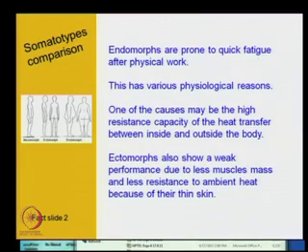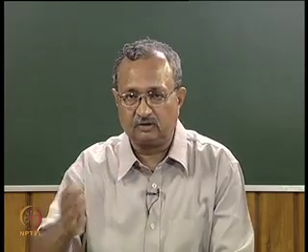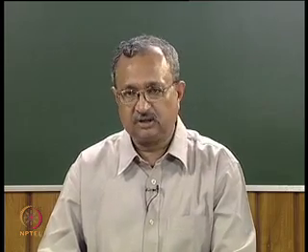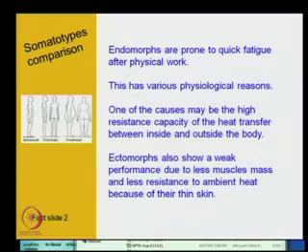Endomorphs are prone to quick fatigue after physical work, because the heat generated inside is not going out properly due to the thick fat content under the skin. This has various physiological reasons.